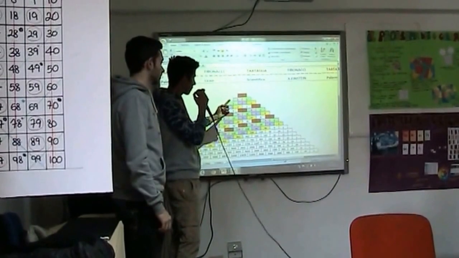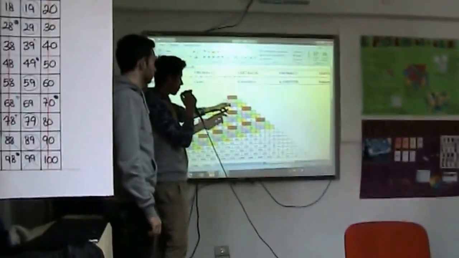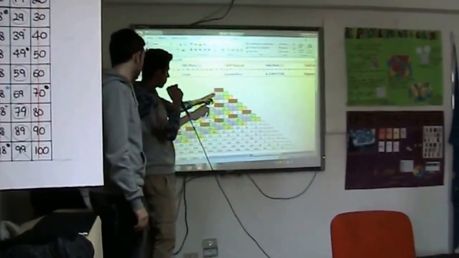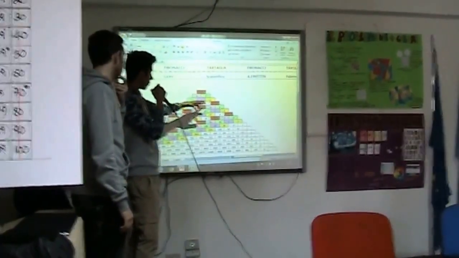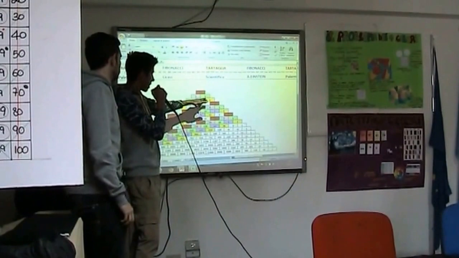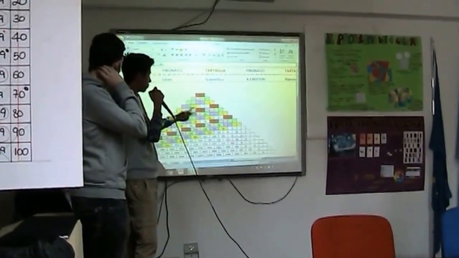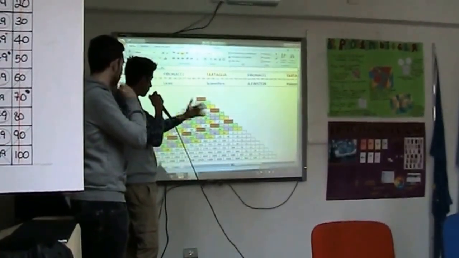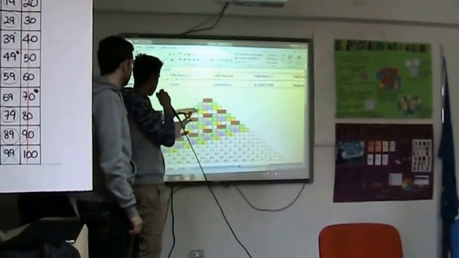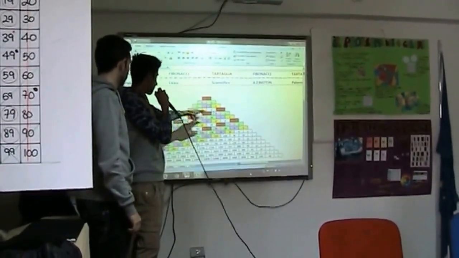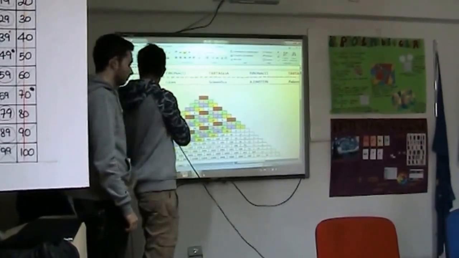So, for example, the first cell is the first diagonal, so it is the number 1, the other number 1. Then, if we follow the green diagonal, we have 1 plus 1, that is 2, and so forth. We have the Fibonacci series, so 2 plus 1, 1 plus 3 plus 1, and so forth.